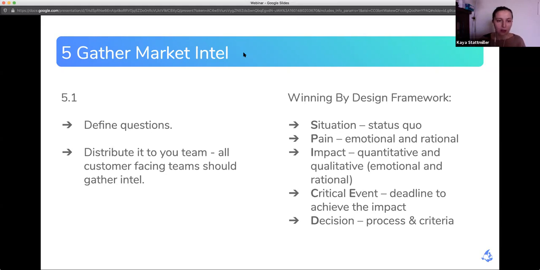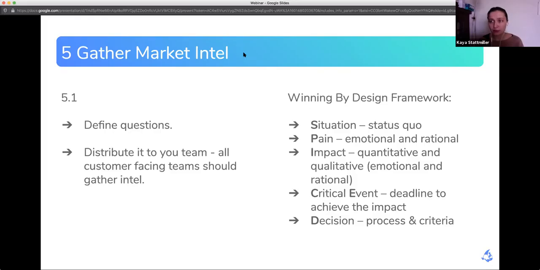Normally those questions are built based on your current sales methodology and how you qualify leads. But if you don't have a framework in place, I put here the Winning by Design framework, which I think is really, really simple. It's basically based on SPIN.